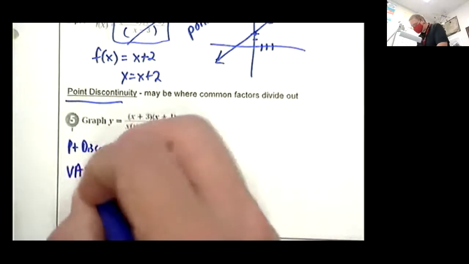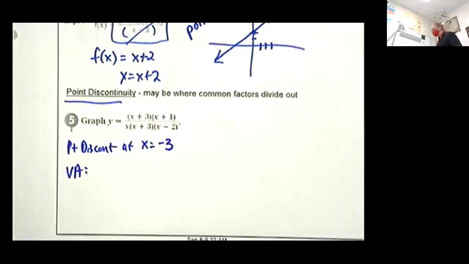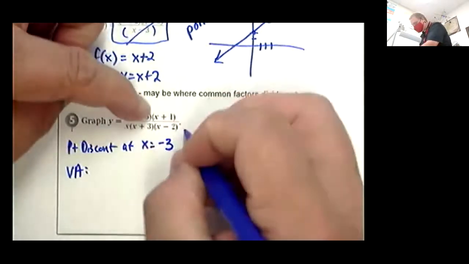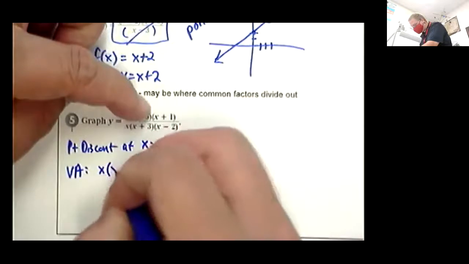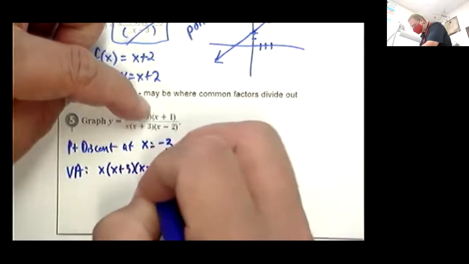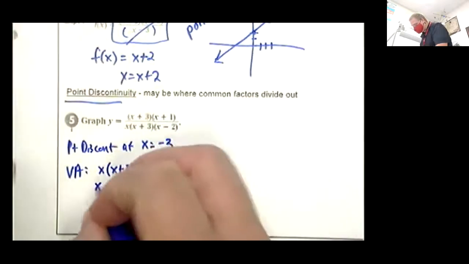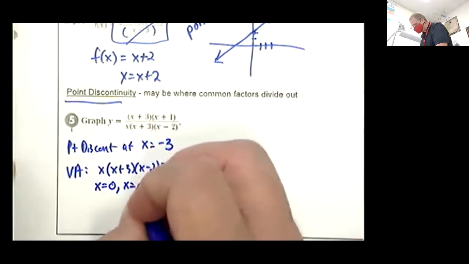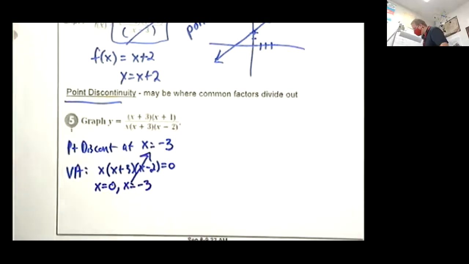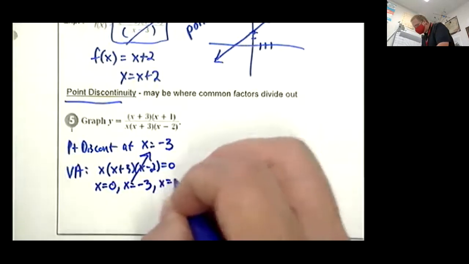Our vertical asymptote is where the denominator is equal to 0, and that's just using the zero product rule. So we set x times x plus 3 times x minus 2 equals 0. So that's x equals 0, x equals -3, which we actually define as our point discontinuity, though, and x equals 2.